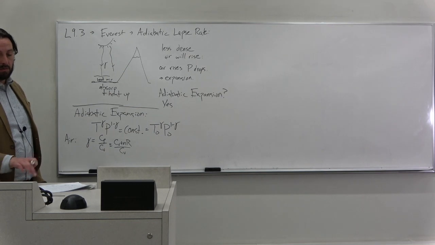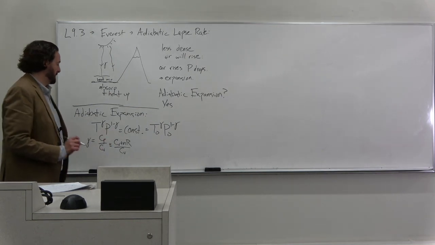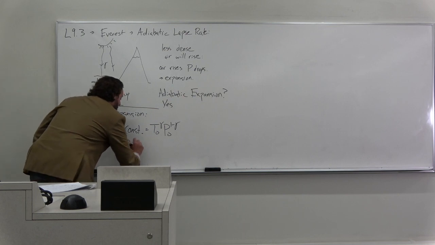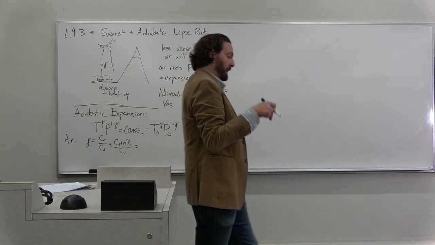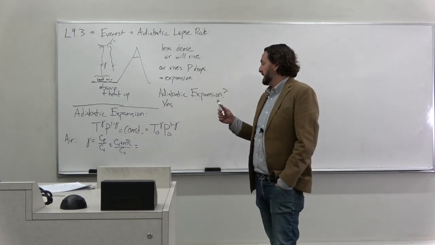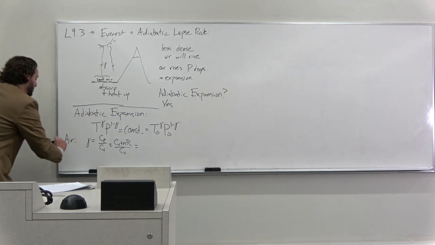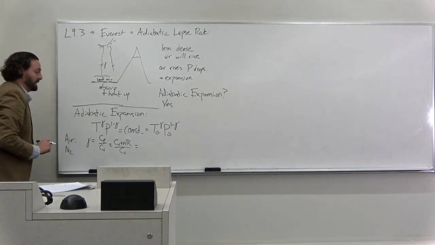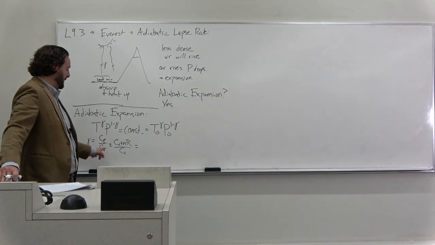Okay, so what was CV for an ideal gas? It depends on if it was diatomic or monatomic, right? This is air, so we're going to assume that it's N2. It's mostly N2, so we're going to need a diatomic, right?